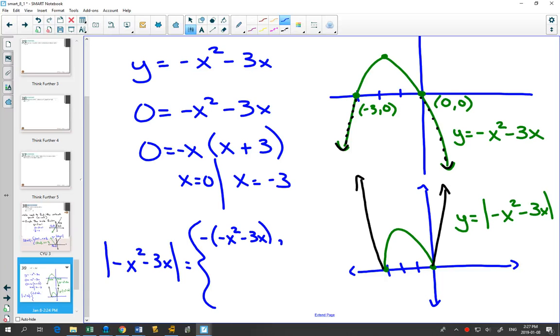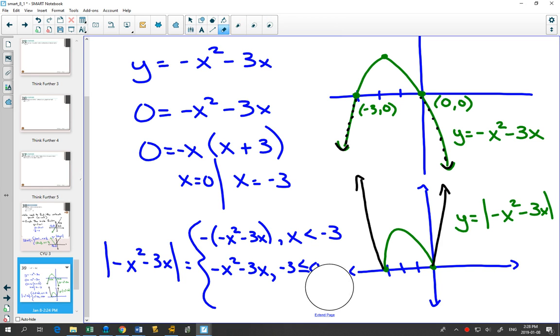When x is less than negative 3. The green part didn't get flipped. That was part of the original graph, and it stayed the same between negative 3 and 0.